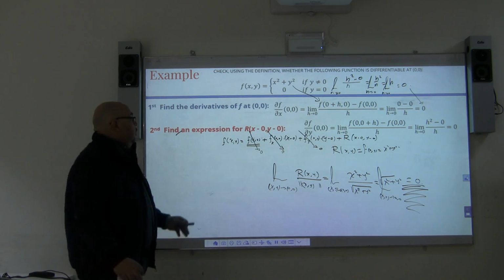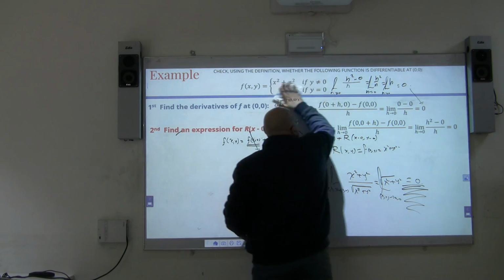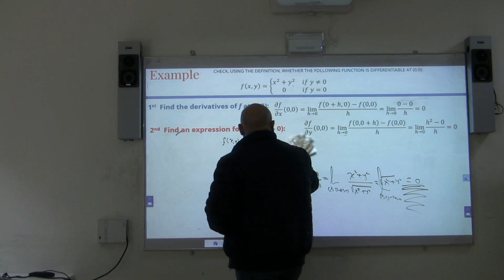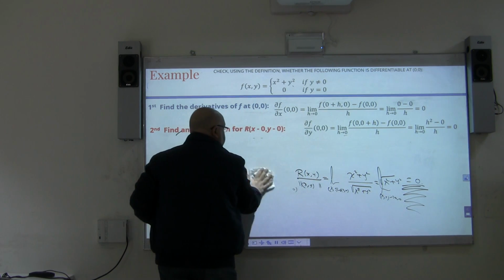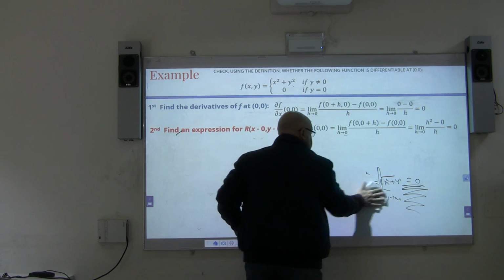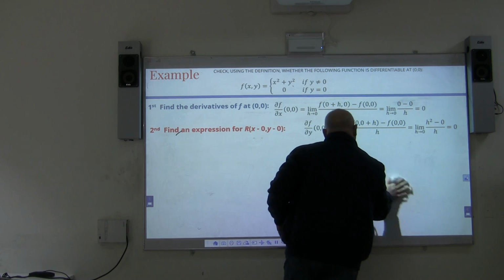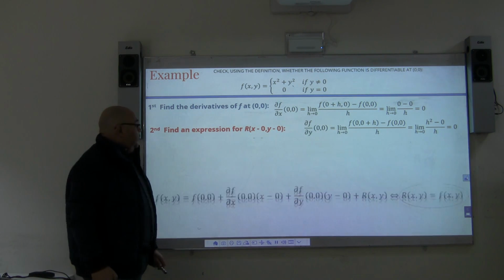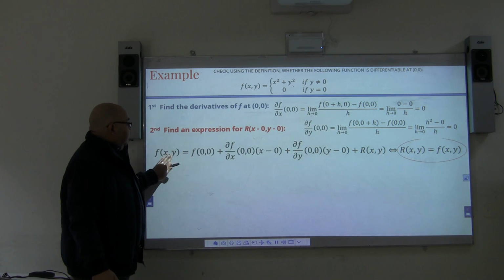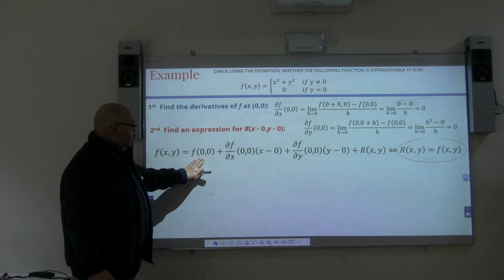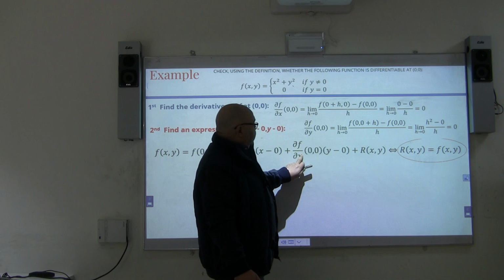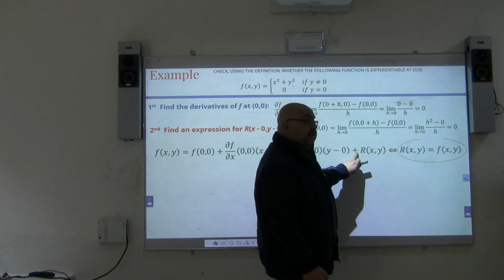So, once more, let's repeat all of this. The third step: f(x, y) equals the value of the function at the origin, plus the first derivative times x, plus the first derivative in y times y, plus the remainder term.